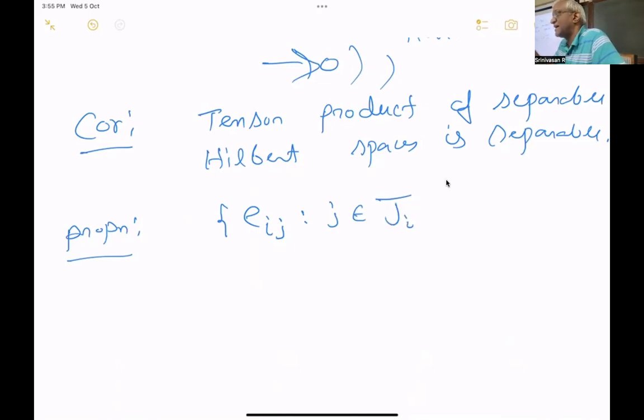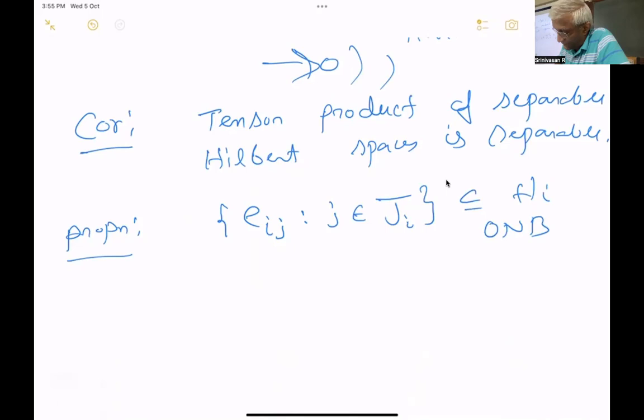You can take it as natural numbers or something, but this works for any non-separable Hilbert space also. So let me write it like this. Eij is contained in Hi, is an orthonormal basis, where i is fixed and j is varying. And this is the orthonormal basis for the Hi Hilbert space.